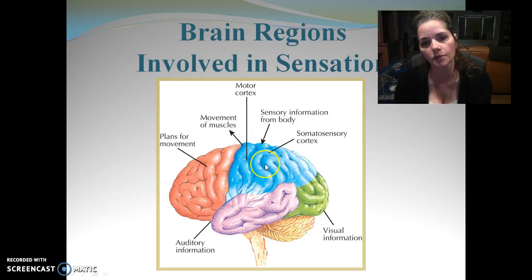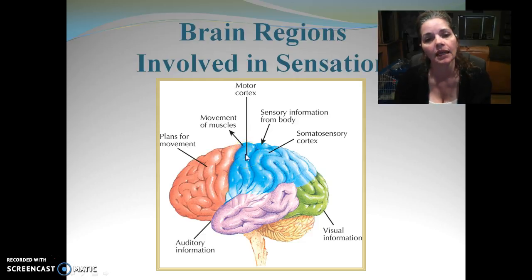And your parietal lobe is more of a main sensory lobe other than for vision and hearing. And that is going to be in our somatosensory cortex, in the parietal lobe. And so the motor cortex is the area that controls body movement.